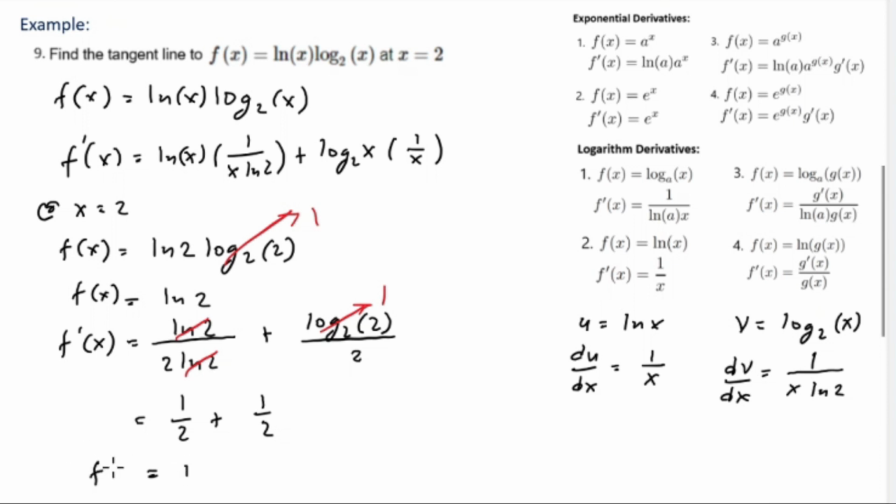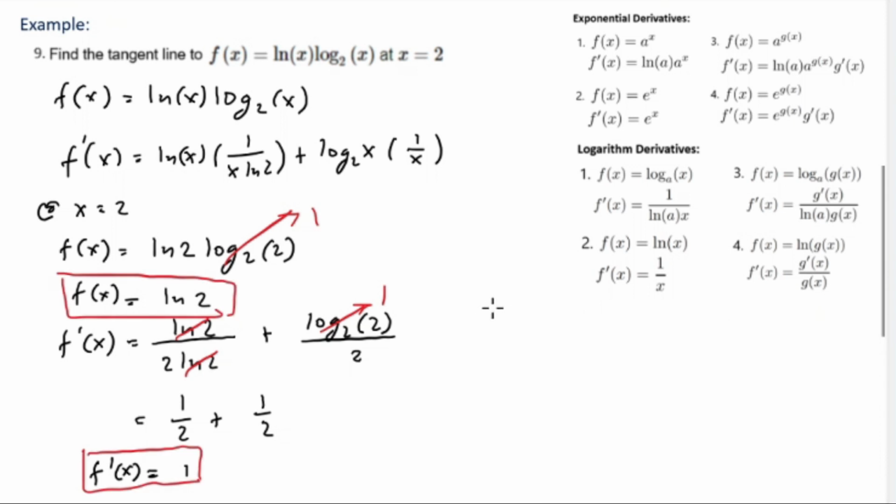So this is f prime of x. Using the equation of the tangent line, we have the formula y is equal to f of x1 plus f prime of x1 multiplied by x minus x1.